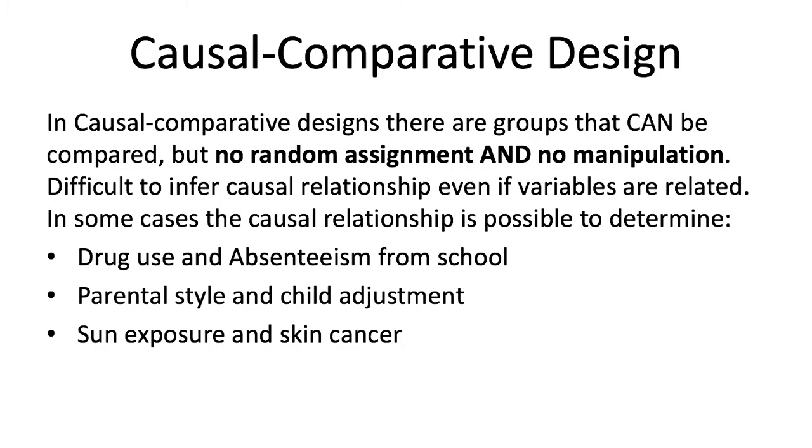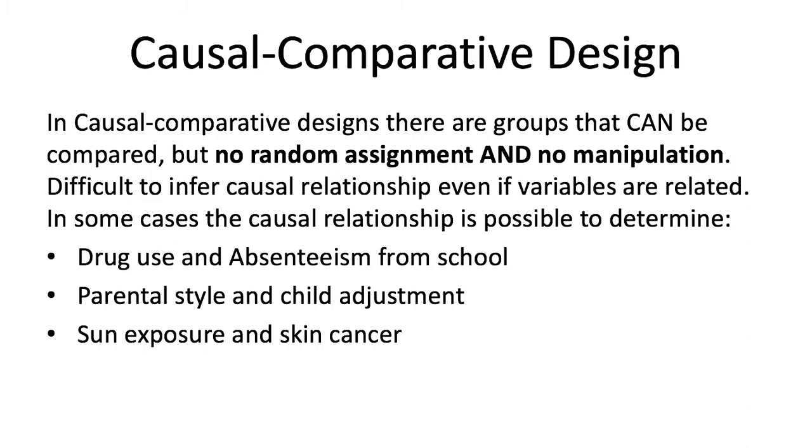Even if I am able to find strong relationships between variables, again, it's really hard to identify a causal relationship. So, for example, a difficult case would be drug use and absenteeism from school. Now, it could be that I would find a very strong relationship, and actually research has found a strong relationship between these two examples. But the problem is we don't know if drug use causes absenteeism or absenteeism causes drug use because, idle hands and the devil's workshop and all that stuff.